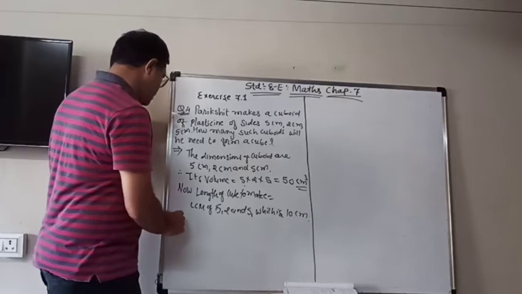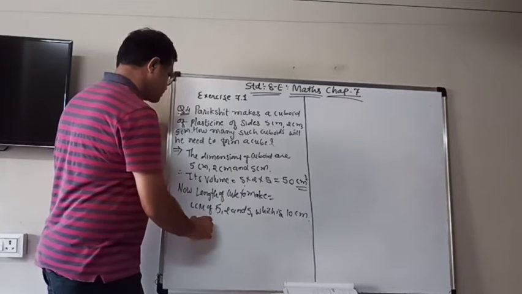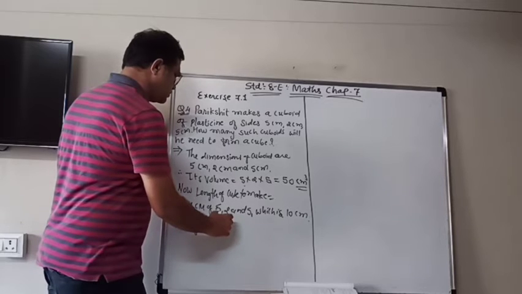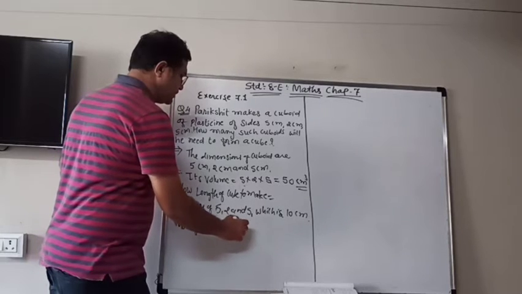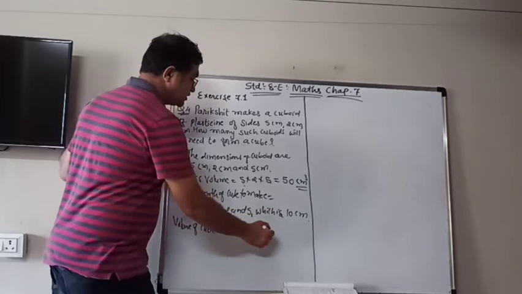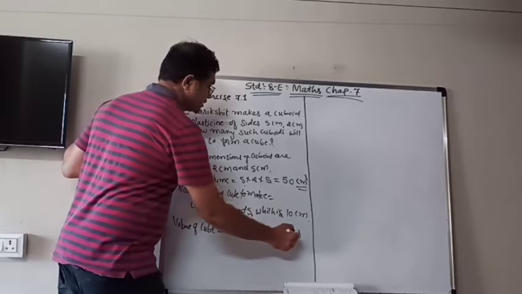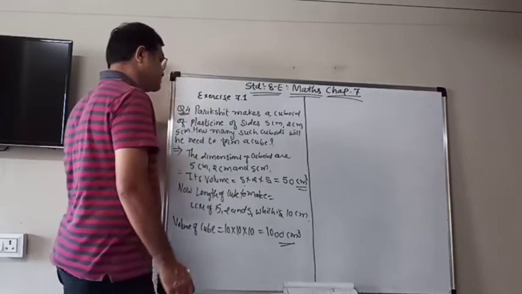So now the volume of the cube is equal to 10 multiplied by 10 multiplied by 10. That is equal to 1000 centimeter cube.